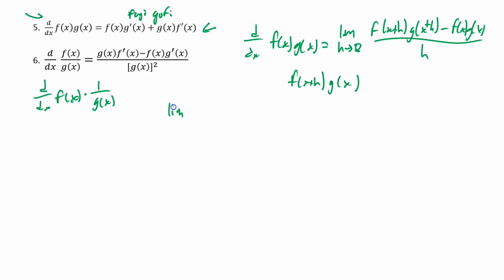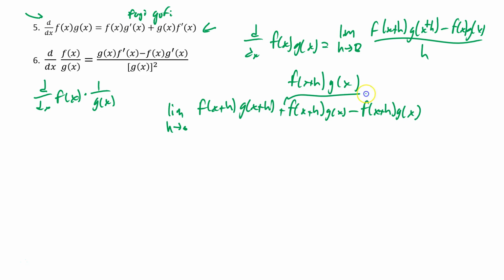So we have limit as h approaches 0, f of x plus h, g of x plus h. I'm going to put this right in the middle. So I'm going to add f of x plus h, g of x, and I'm going to subtract it, f of x plus h, g of x. So I've just essentially added 0, right, because I added and subtracted. That doesn't do anything. Minus f of x g of x, all divided by h.